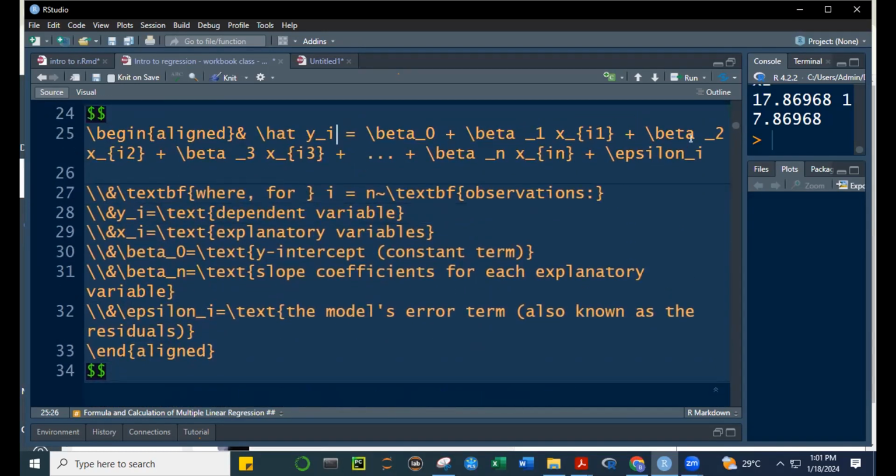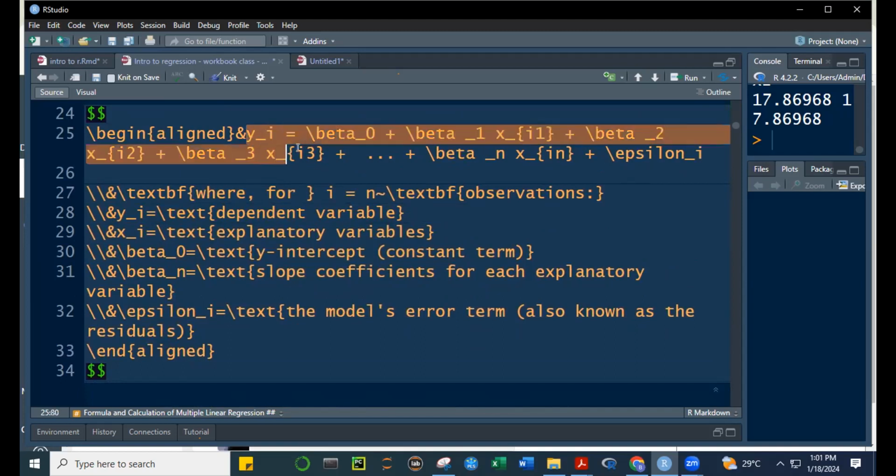So hat, y sub i, and then I'm going to delete this one, epsilon. Okay, maybe I should just rewrite it. Let me just create a new one.